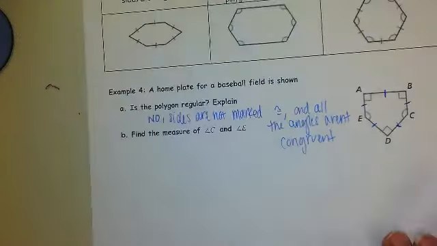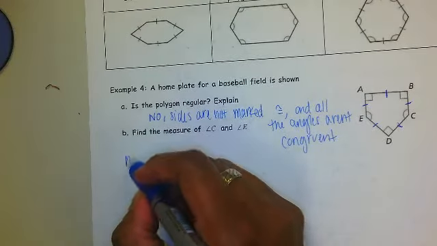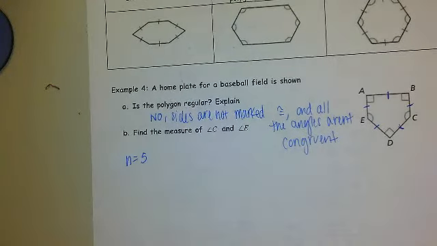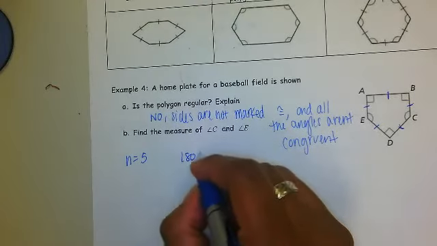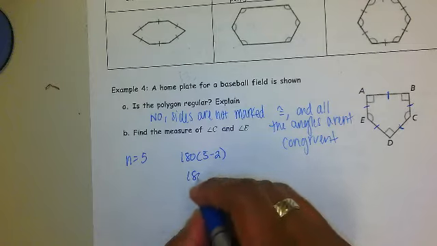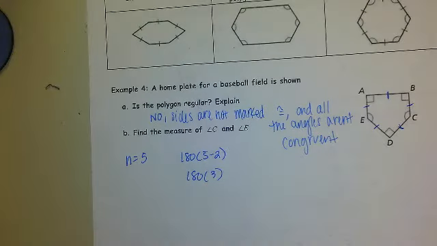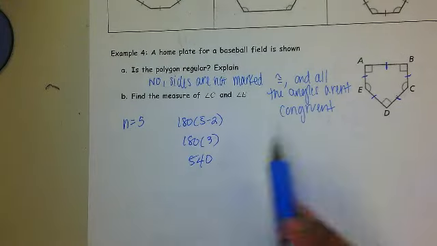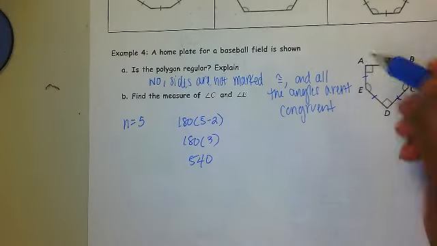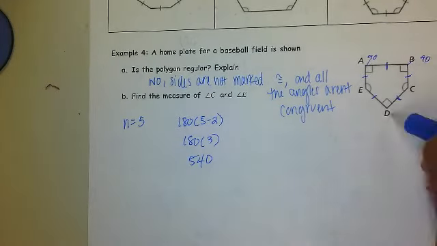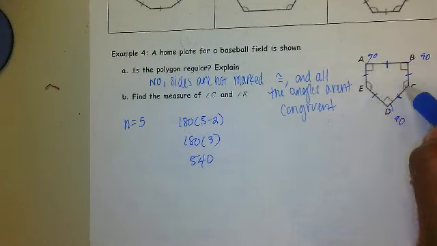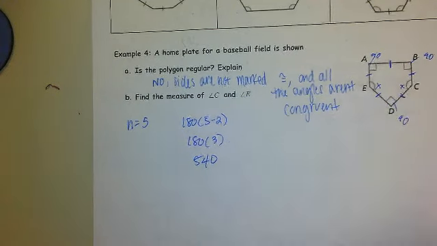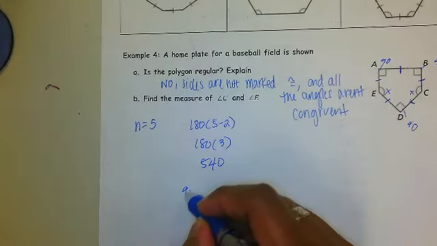Now it wants us to find angles C and E. We can figure out what it's supposed to sum to: 180 times 5 minus 2, which is 180 times 3, which gives me 540. So 540 is what it needs to sum to. These marks mean each of these is 90 degrees, and angles C and E are marked congruent, so we can call them x and x.